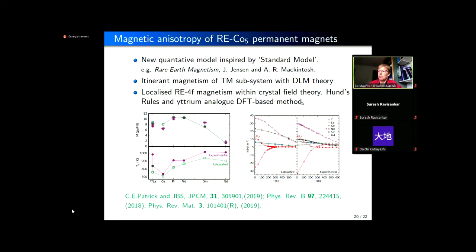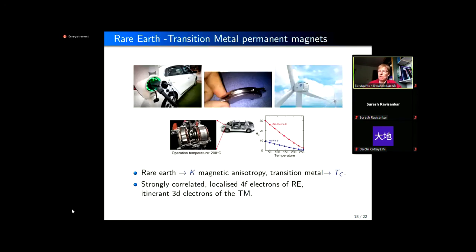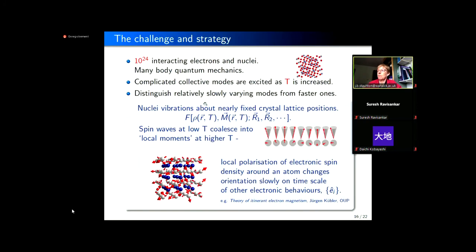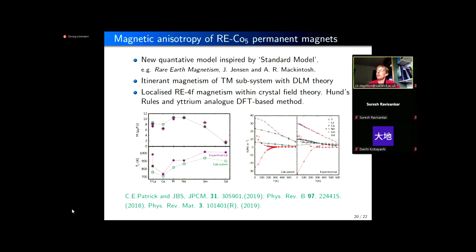And so for this case, bearing in mind the chemical similarity between yttrium and its lanthanide counterparts, we carried out an accurate description of yttrium cobalt 5, an accurate description of its charge density, from which we could then set up or describe the crystal field for the system, or approximate the crystal field of the system.